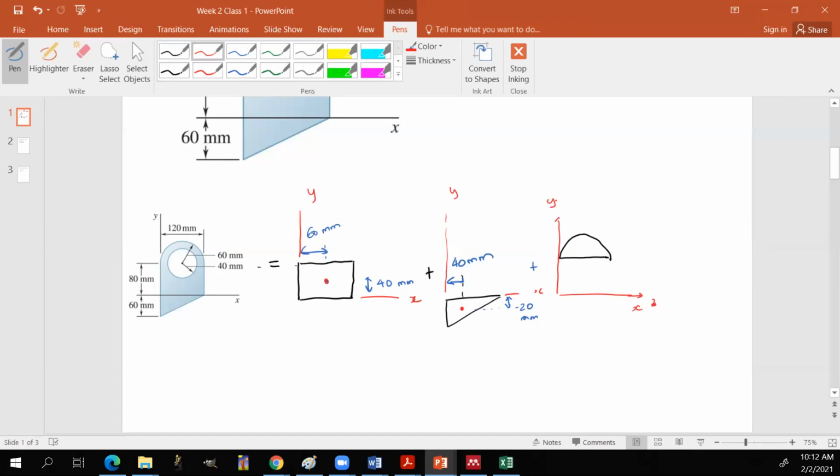Let's get the easy stuff out of the way. The radius. What's the radius of this semicircle? 60. It's just going to be 120 divided by 2, so 60 millimeters. What is the distance of the base of the semicircle from the x-axis? 60. No, 80. It's 80.